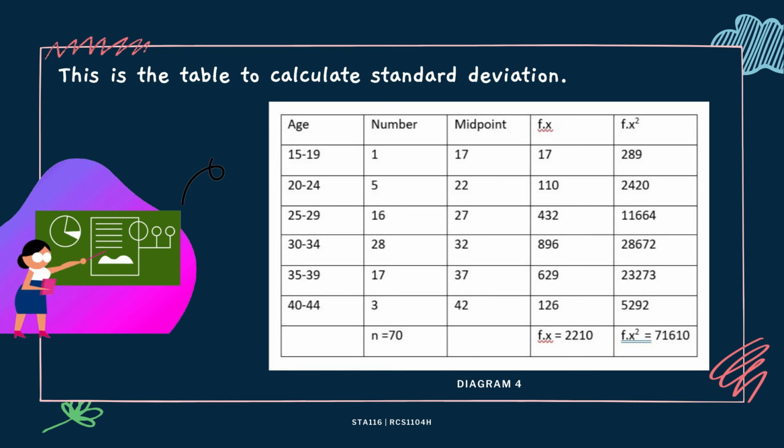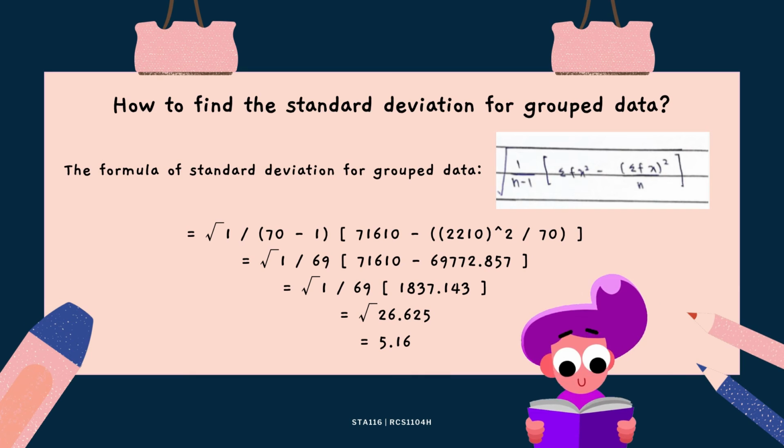Then multiply it with f, which is 1, and we get 289. Then do it for the rest. After that, find the sum of the new column. The answer you will get is 71,610. To find the standard deviation, we substitute the value into the formula. Then we will get 5.16 as the final answer.